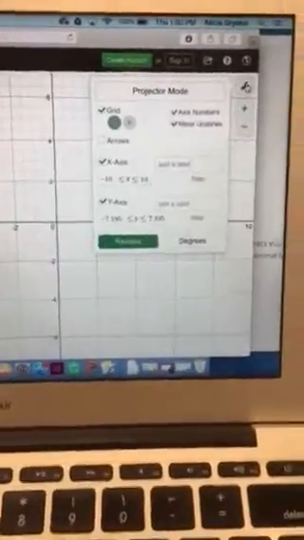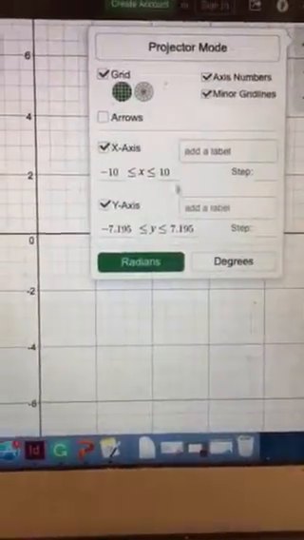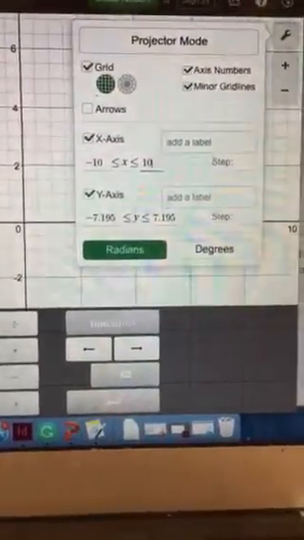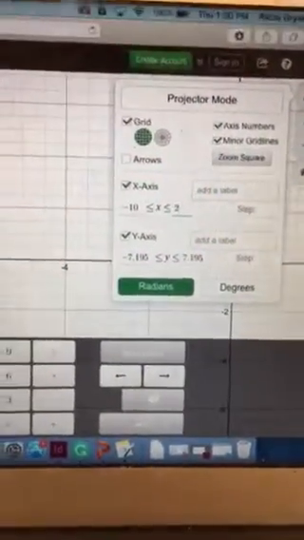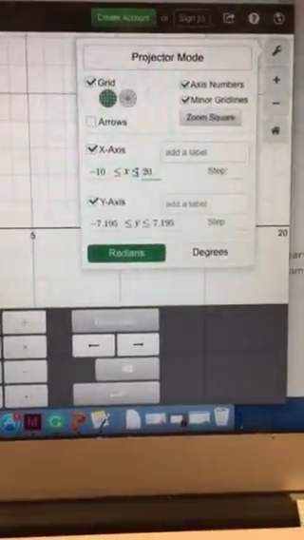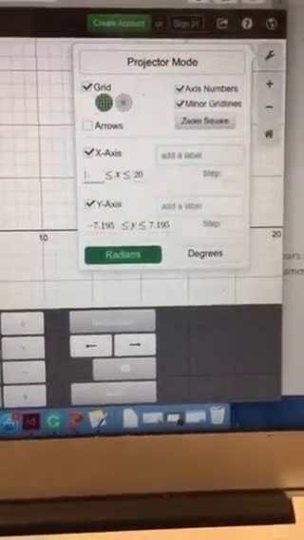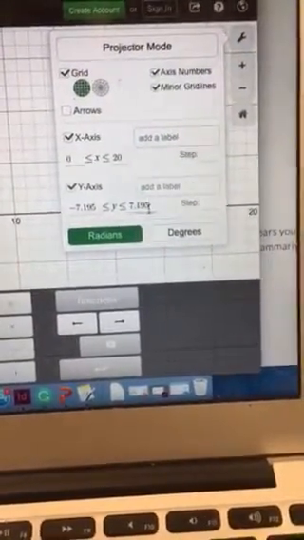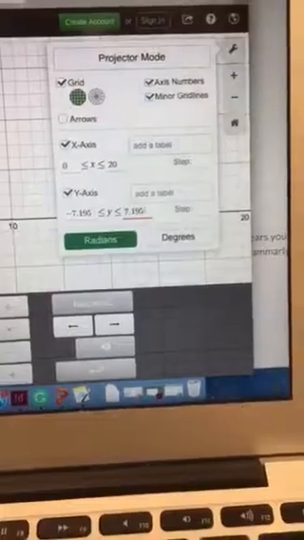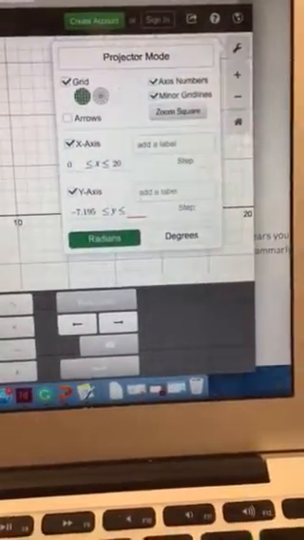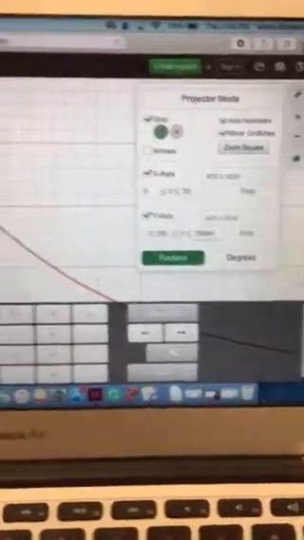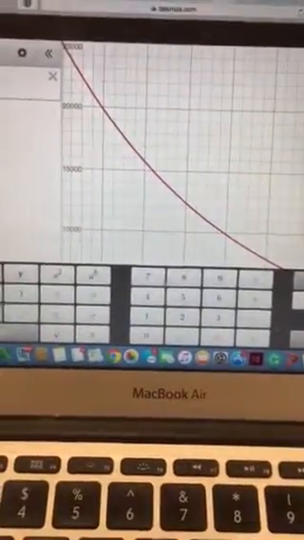And what I'm going to do is change my window. Just like we have a window on our graphing calculator, there's a window on Desmos. X represents years, so I'm going to allow this to be 20. We can go to 0 on this, because we're not going to go back in time. And then I need my y values up to 25,000, so I can expand out this graph and see what it looks like. Ooh, how pretty.